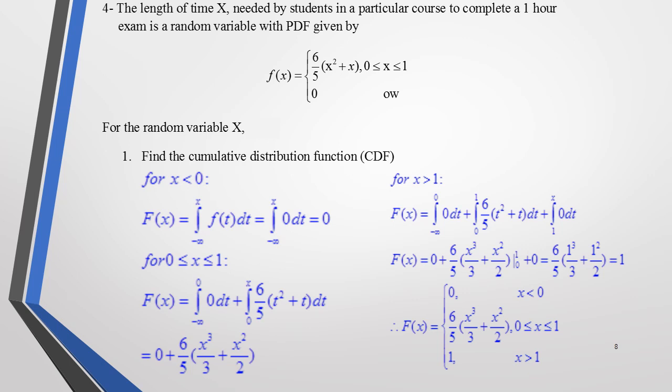And finally, for x greater than 1, the CDF will be equal to the integration from negative infinity to 0 of 0 dt plus the integration from 0 to 1 of 6 over 5 t squared plus t plus the integration from 1 to x of 0 dt. If we carry out this integration, we will find that it's equal to 1.